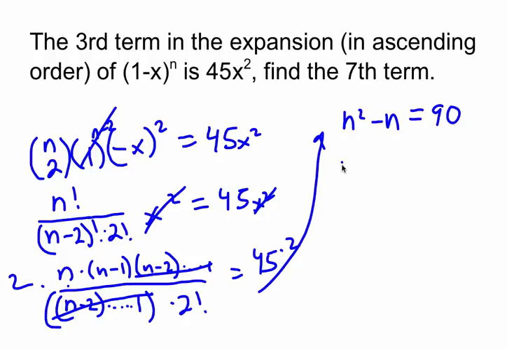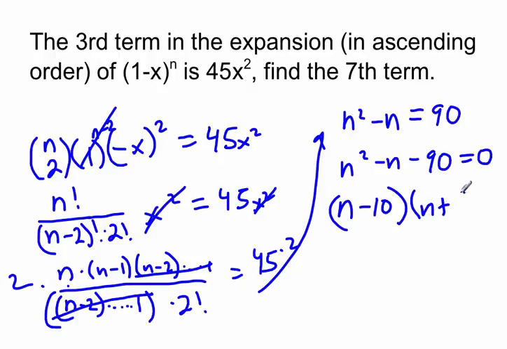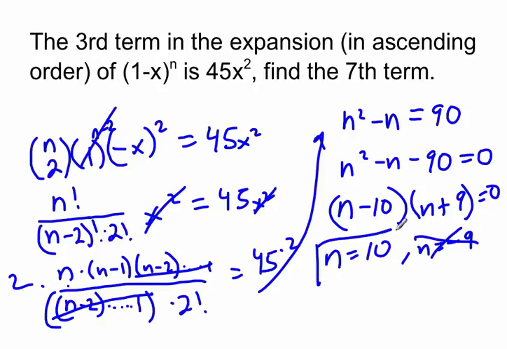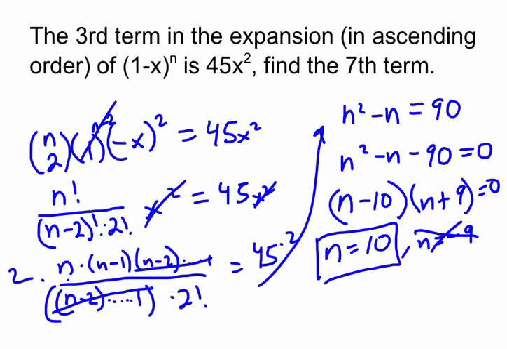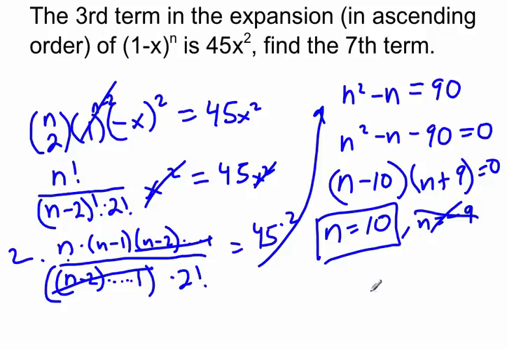Alright, so this is a quadratic, and it factorizes to (n minus 10) times (n plus 9) equals 0. And we have n equals 10, or n equals negative 9, which is not possible here. And we have n equals 10. So we know n equals 10, and then we can figure out the seventh term pretty easily.